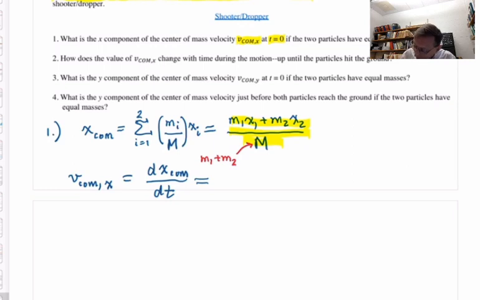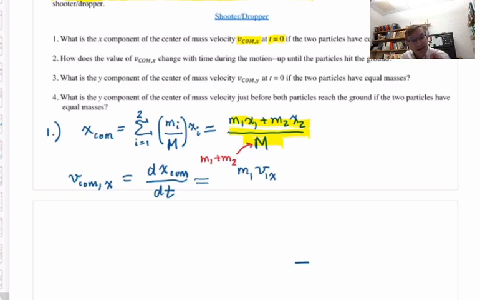So what I'm going to be left with is, upstairs, m1 times the derivative of x1 with respect to t, which is the velocity of particle 1, x component.